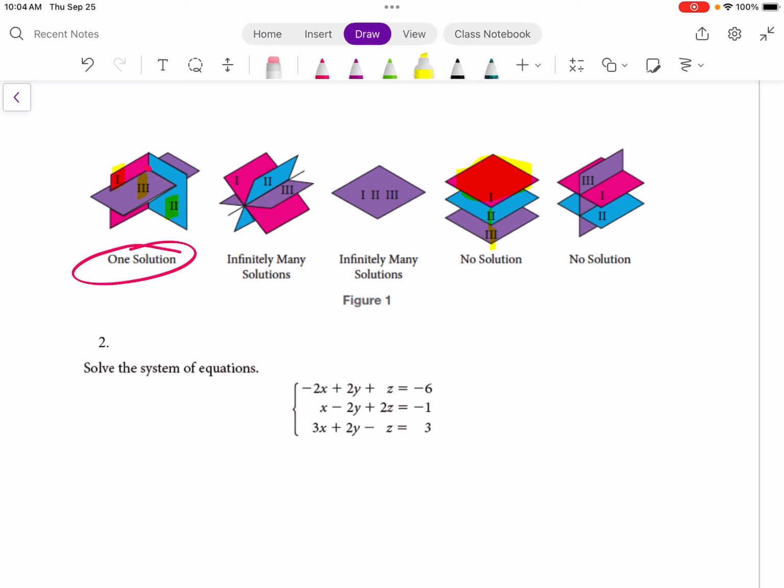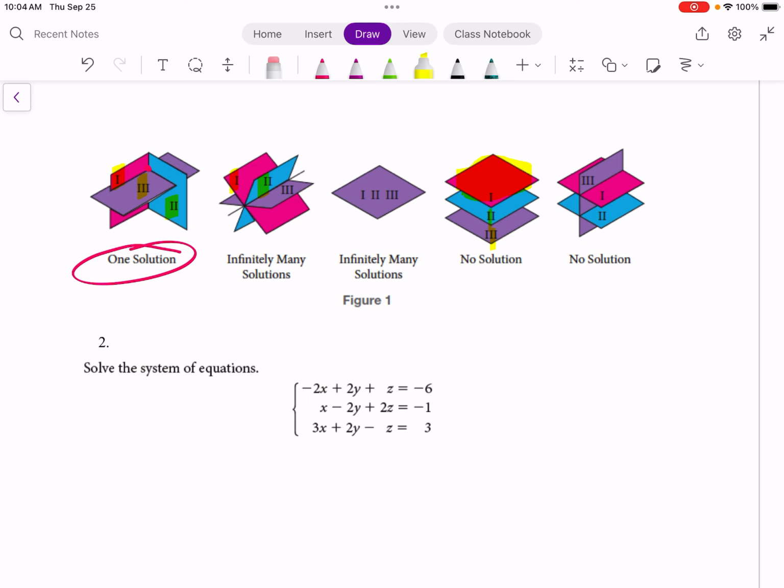The next situation is if we have three planes and they intersect in such a way that they make a line. Let's take this as our first plane, this is our second plane. If all three are connected in a straight line, how many points do we have? Infinitely many, right?